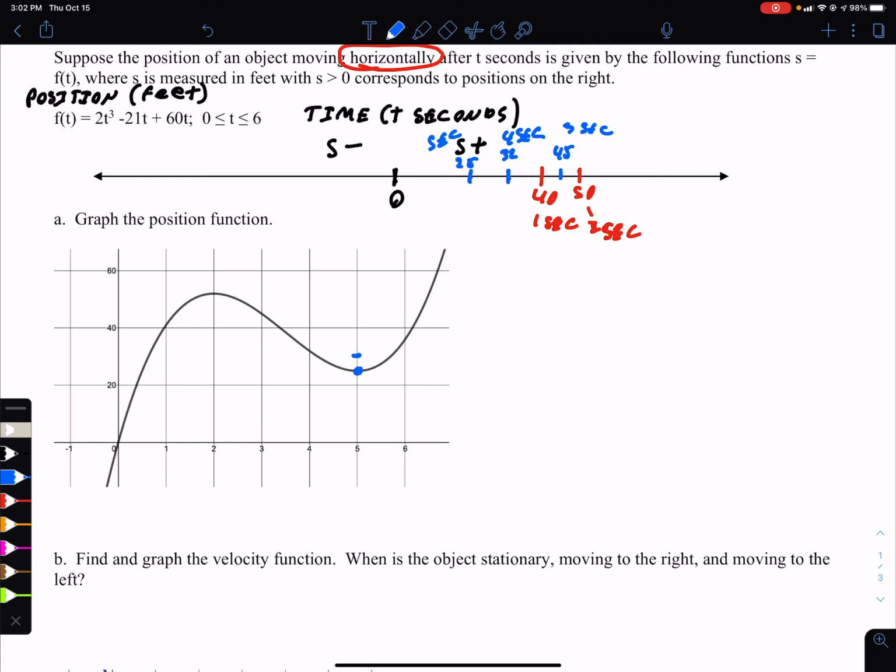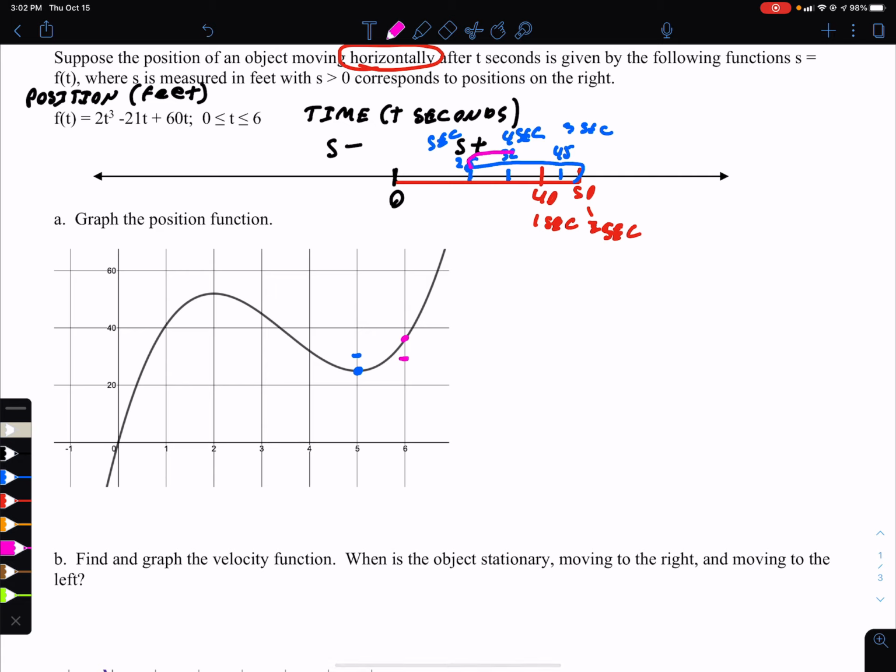So the corresponding what's happening, and you need to see this. It's moving to the right, and it's going to stop after 2 seconds. As you can see, it's going to start moving back towards the starting point. So it's going to turn around and start heading backwards. Then look at 6 seconds. At 6 seconds, this is 37 away.